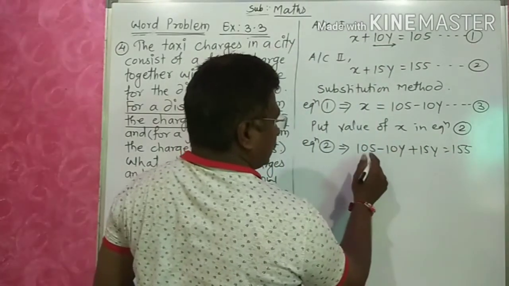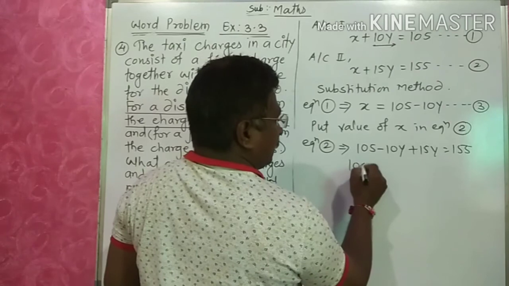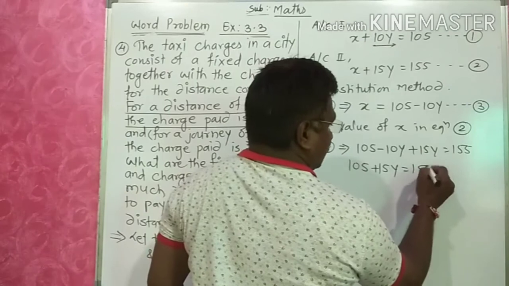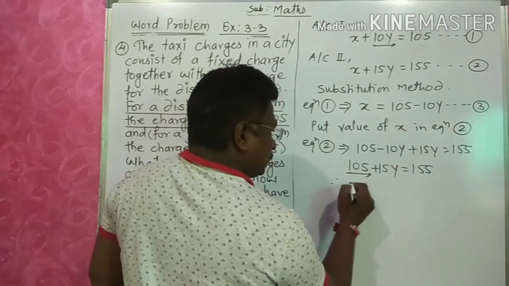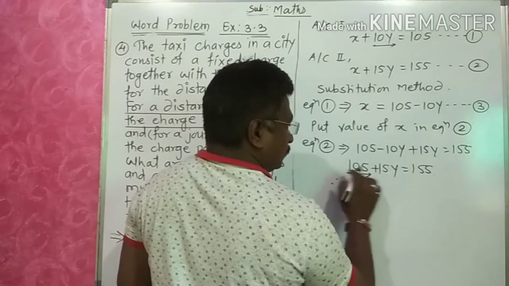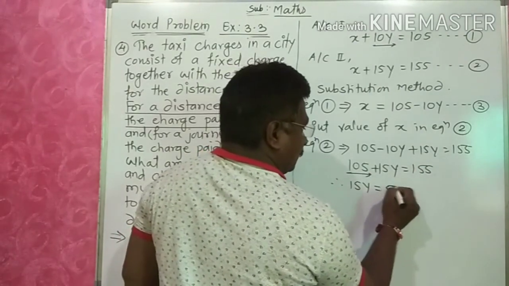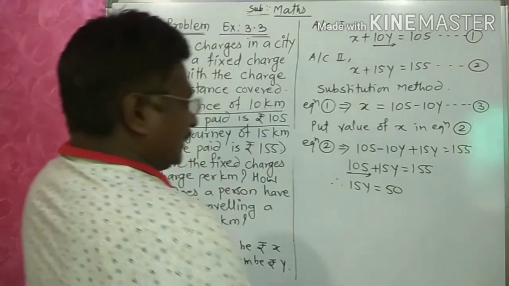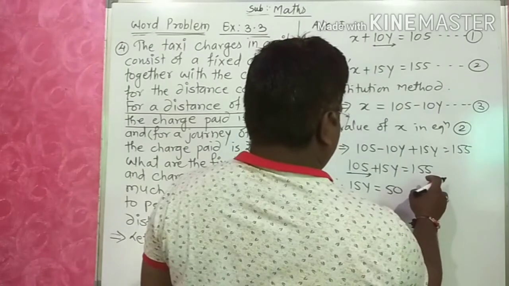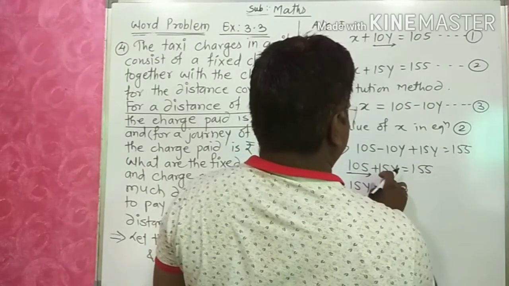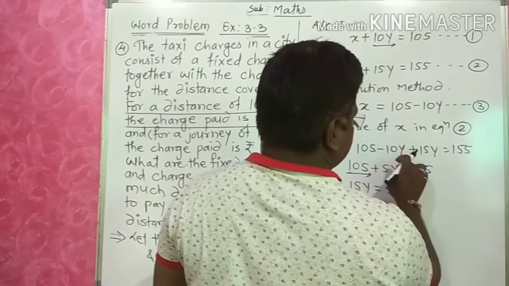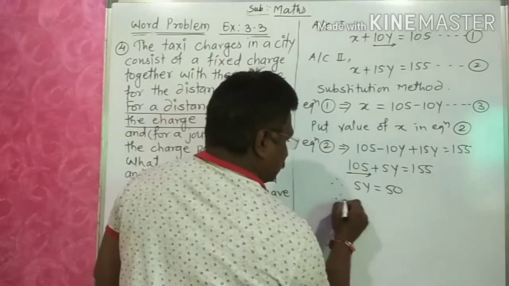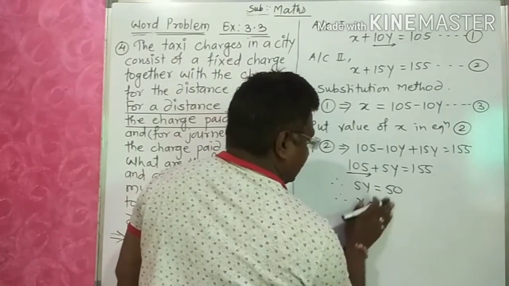What will we get? 105 plus 5y equals 155. Transfer 105, so 5y equals 50. Check it: 105, here 15y minus 10y, what will we get? 5y. So 5y equals 50. Therefore y equals 10.